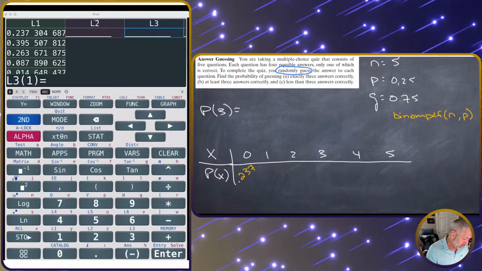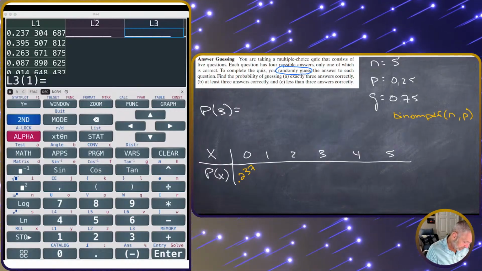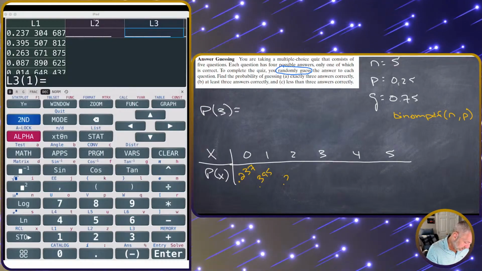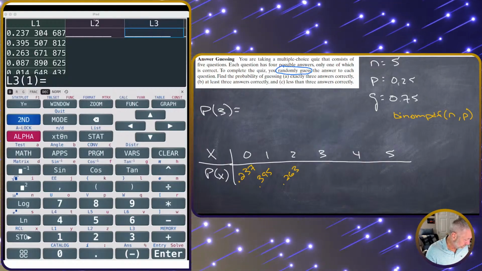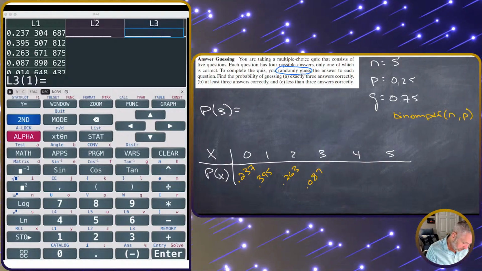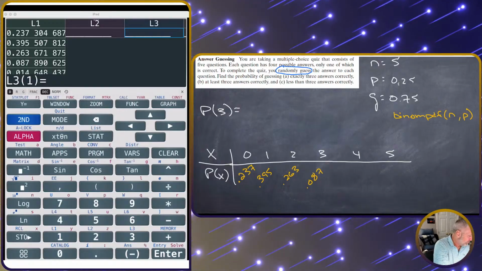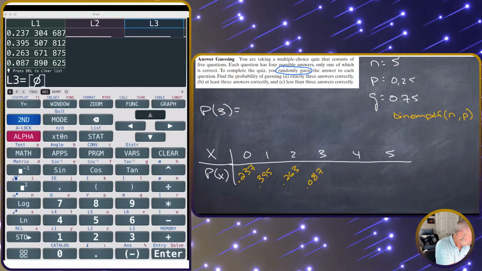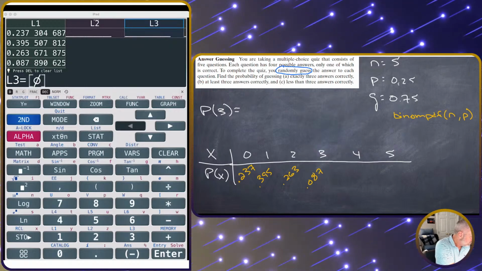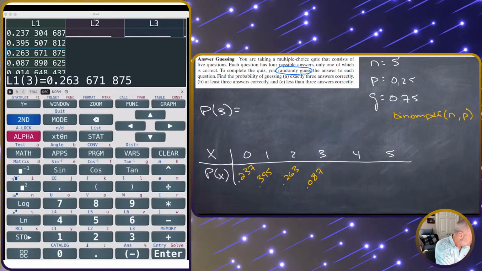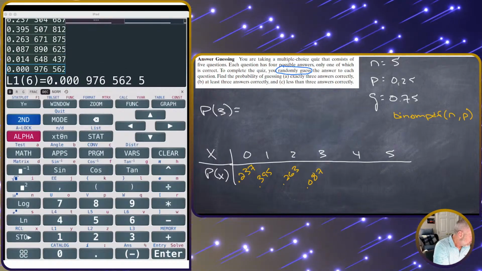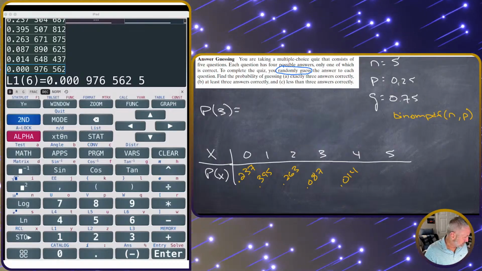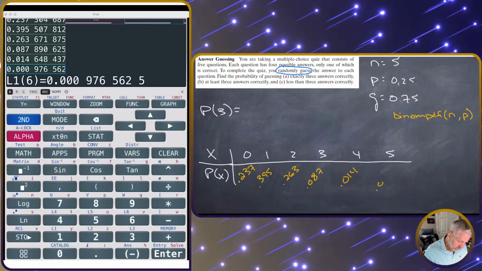Of getting 1 correct, 0.395. 0.263. 0.087. 0.014. And the last one is 0.0001.